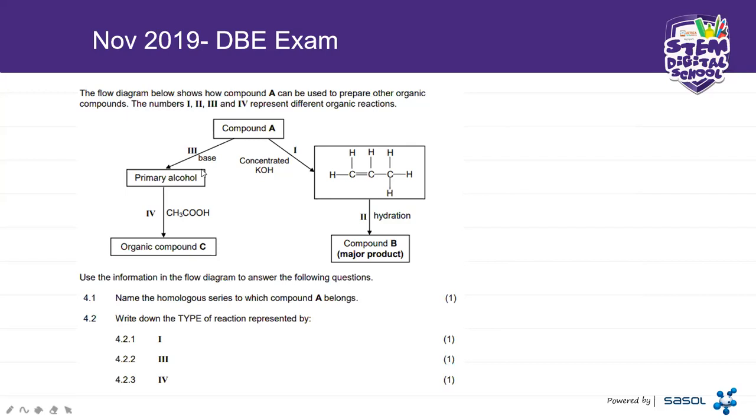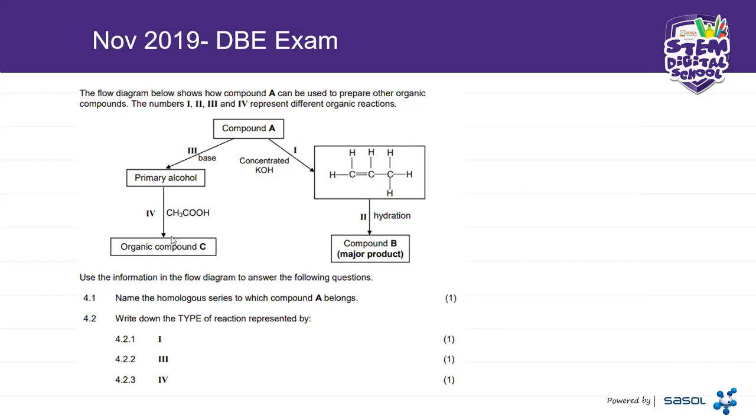They've written hydration, they've given you this one. Now let's check out the question. Primary alcohol, compound A, and this becomes this molecule. It's going to be propene, either 2-propene or 1-propene.